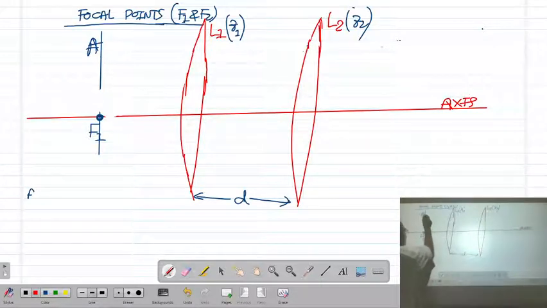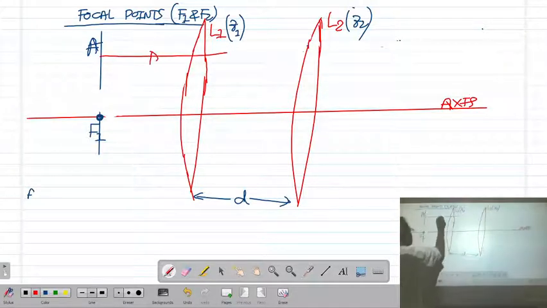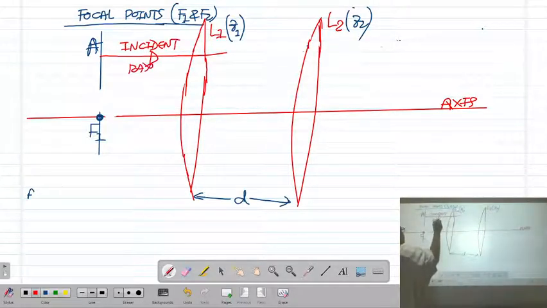If I consider a ray of light traveling parallel to the axis, this is the incident ray. Suppose I name the incident ray OA.